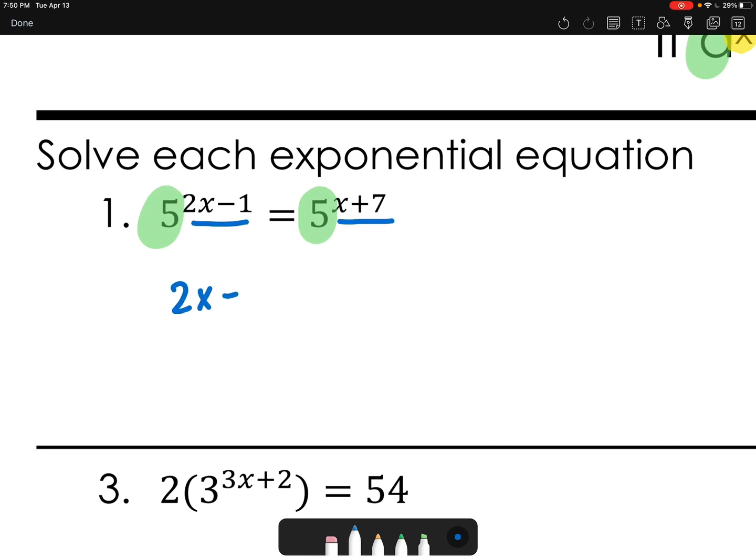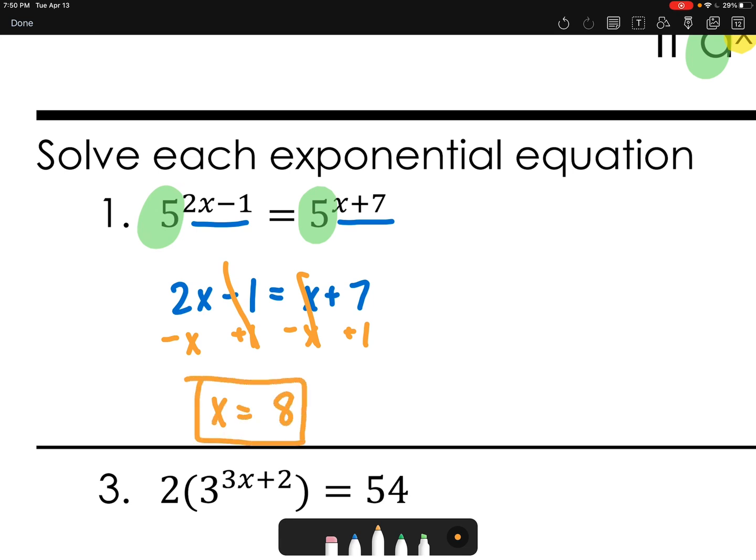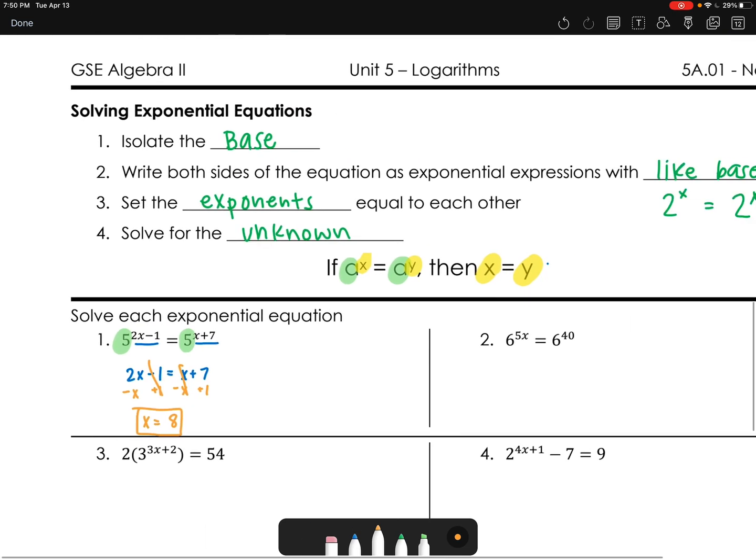So I can say 2x minus 1 equals x plus 7. From here, I'm going to solve for x, subtract x, add 1, and I would end up with x equals 8. Okay? Pause and try number 2 on your own.